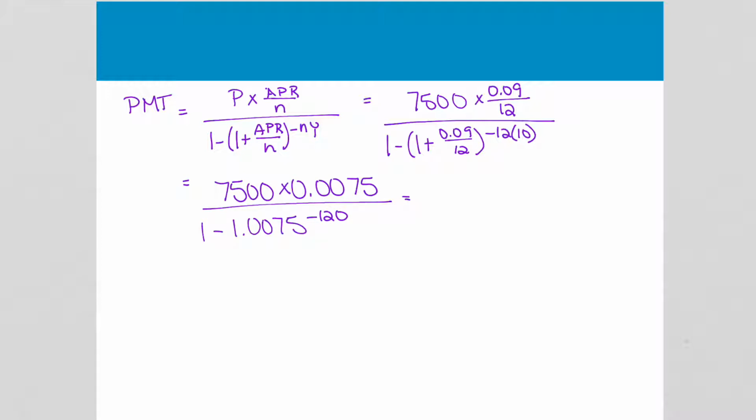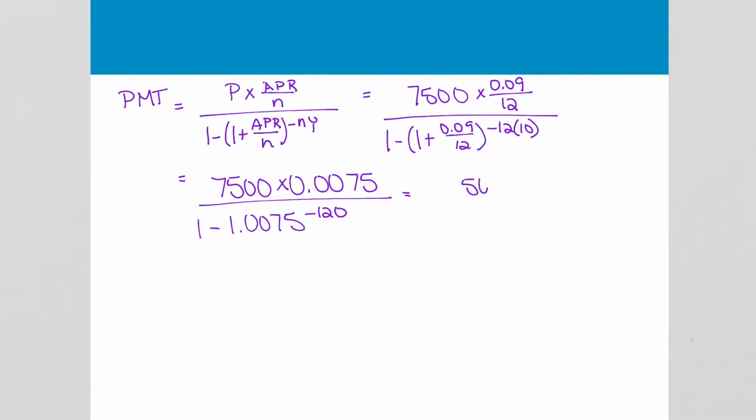Okay, so let's put this in the calculator. 7,500 times 0.0075 gets you 56.25. And then on the bottom, 1.0075 to the negative 120 is 0.407937305. And we have to subtract that from 1, not the other way around.